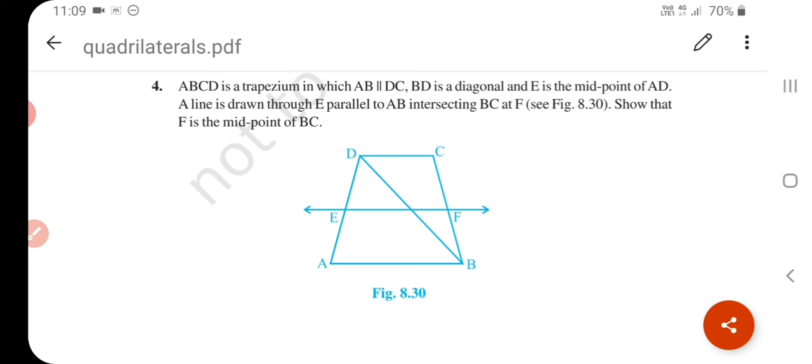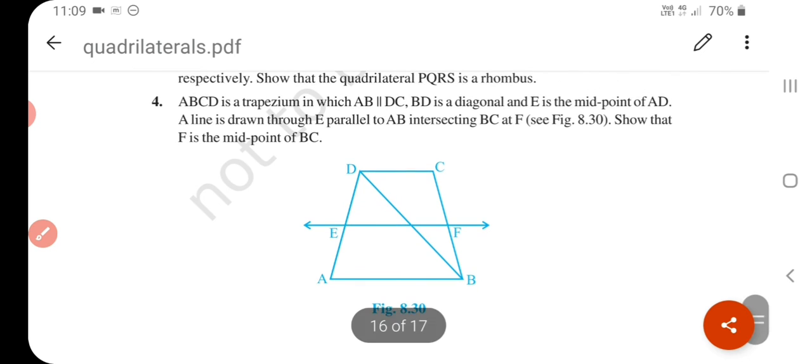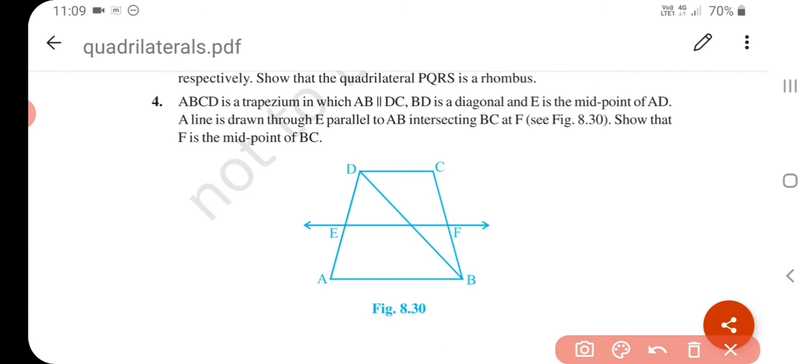Okay, so we have to prove F is a midpoint of BC. Let EF intersect BD at P. Where is it intersecting BD? At P. If we call this point P, this point will be P. Okay, so in triangle ABD we have EP parallel to AB, and if E is the midpoint, then we can say that P is the midpoint.